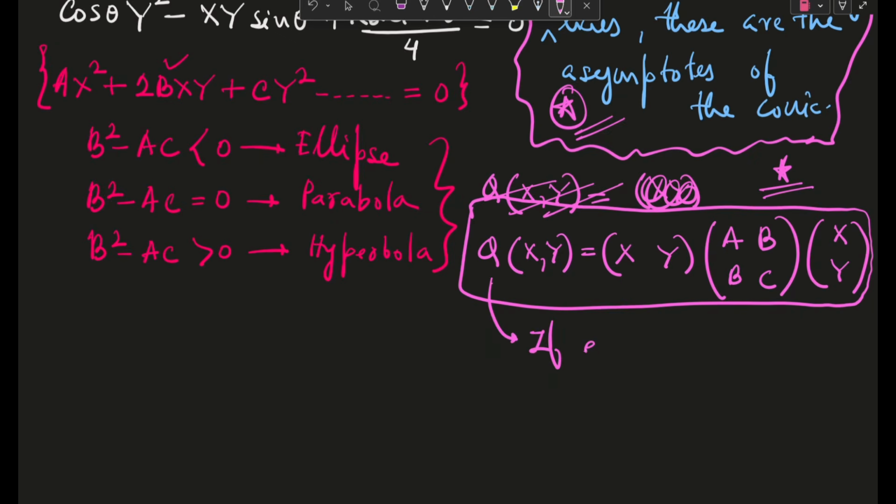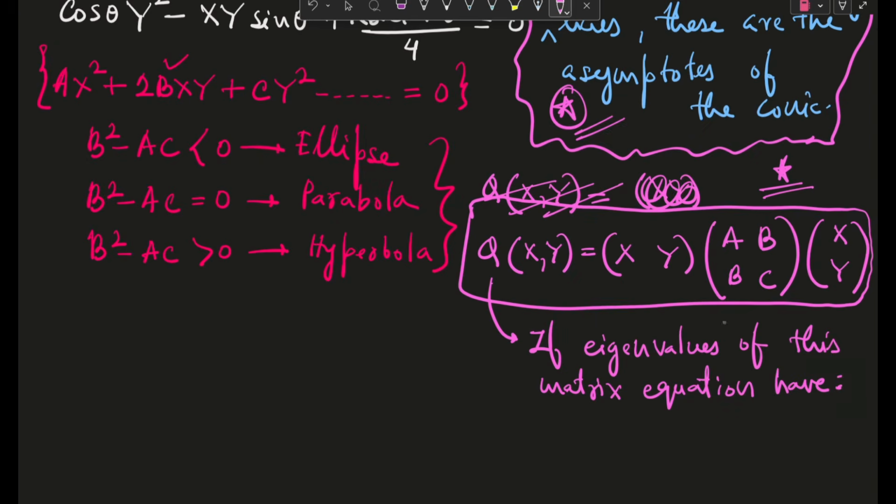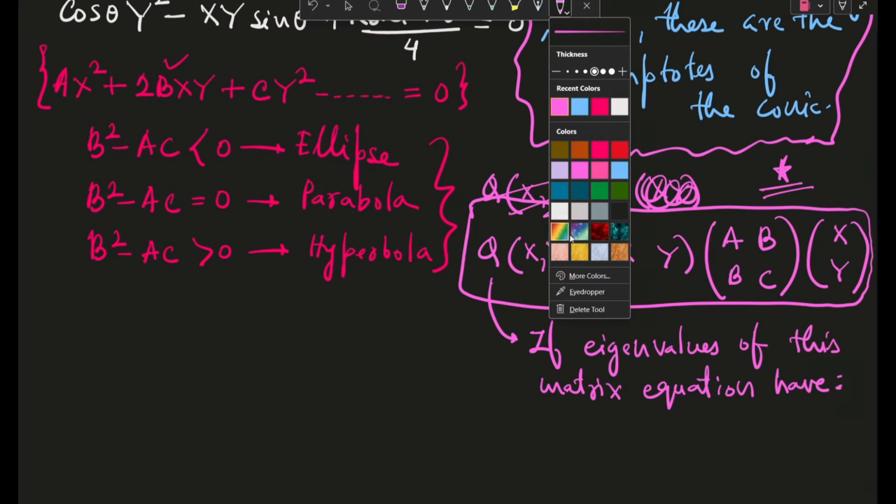Now see, the eigenvalues of this matrix. Now I will write the conditions from where you can determine which conic it is. Okay, let me change the color to something different.